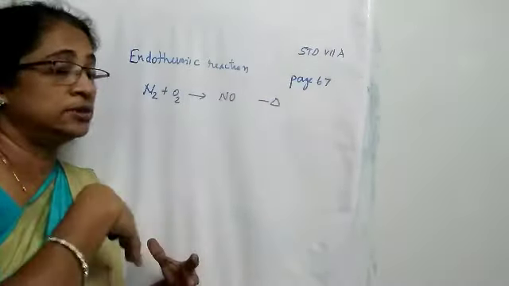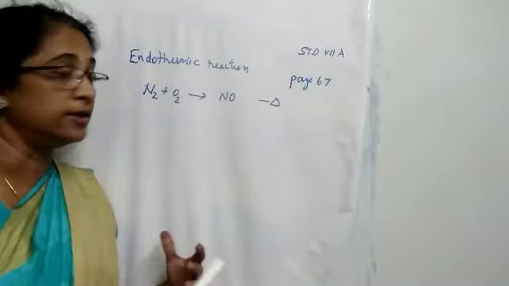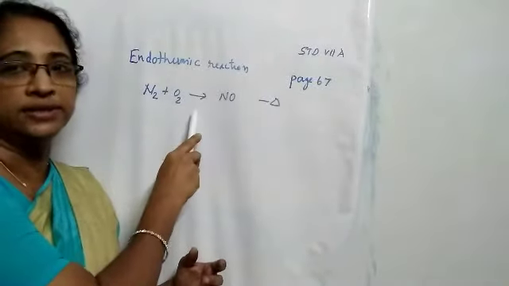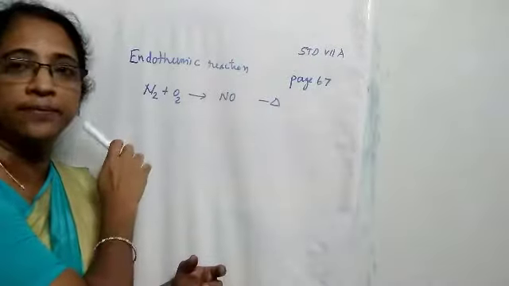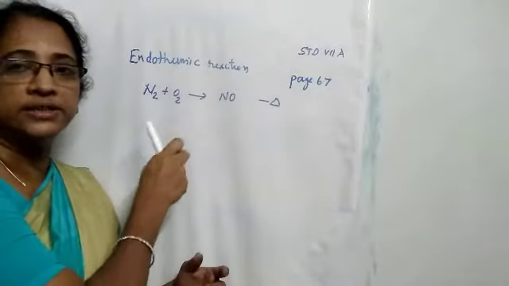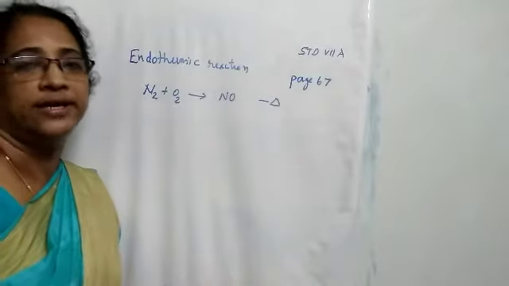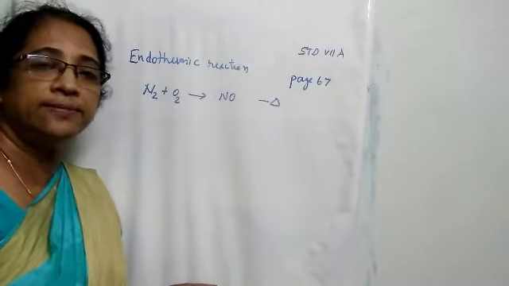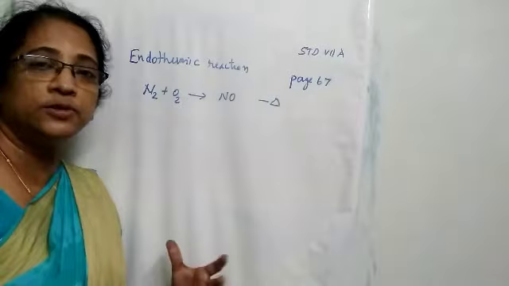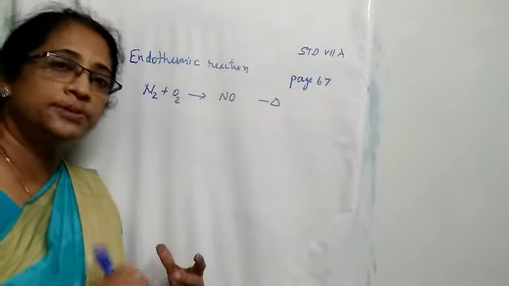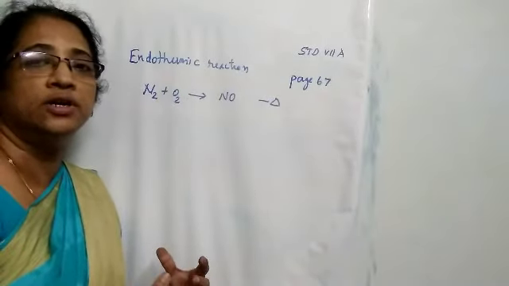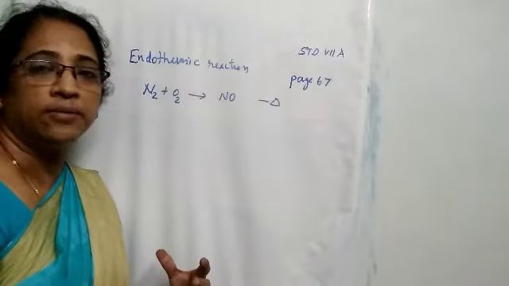So a certain amount of energy is required to carry out the reaction between nitrogen and oxygen. So during the chemical reaction, energy is absorbed. Such reactions are called endothermic reactions. So define endothermic reaction: a chemical reaction which proceeds with the absorption of heat energy is called an endothermic reaction.